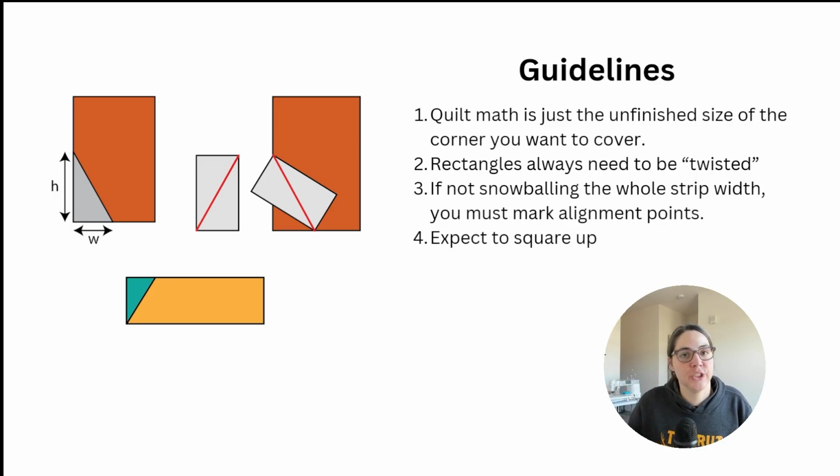Number 4 is to expect that you might need to do some squaring up. As with stitch and flip squares, stitch and flip rectangles can be tricky to align, because depending on how close you are to that true diagonal and how well you do with your alignment, sometimes things get a little bit wonky. Again, this isn't all that different from stitch and flip squares, but it's just another layer of complexity to think about. With this technique, if you've done your math correctly, you really shouldn't need to trim, but that's an idealized world, right?